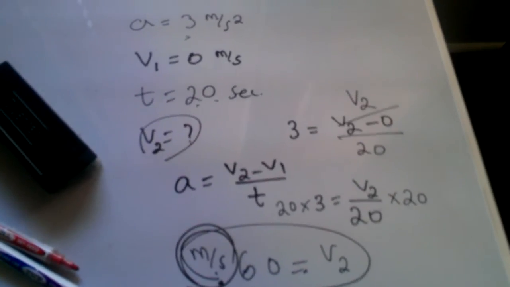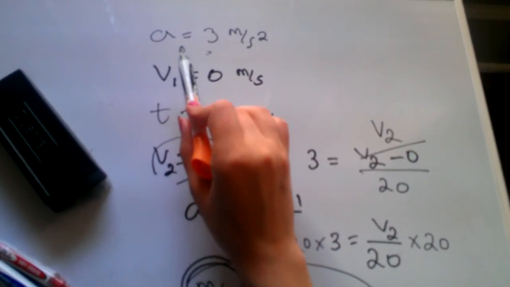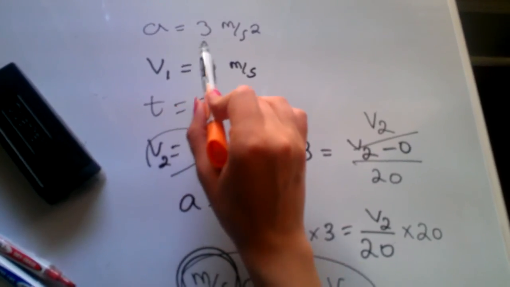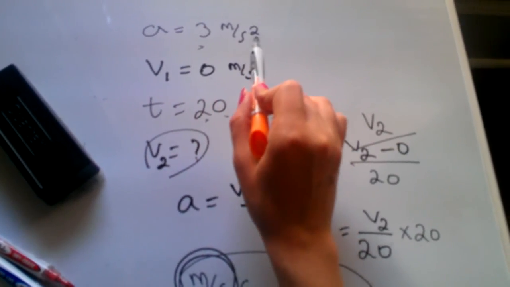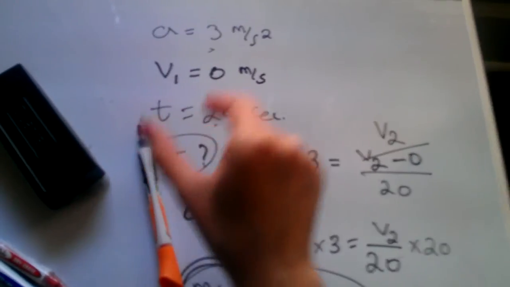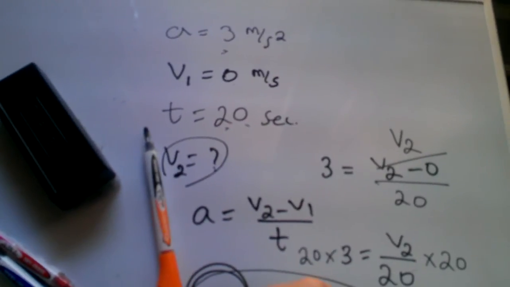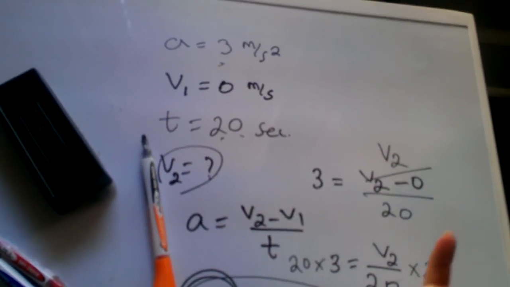Okay? In the end, acceleration of 3 meters per second squared means that every single second, the velocity is increased by 3 meters per second. That's what it means.